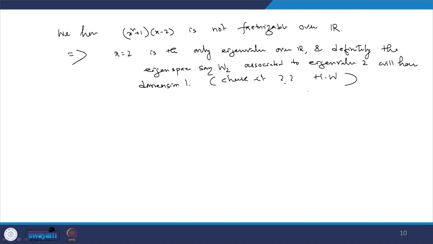We will see that for x equal to 2, the dimension of the associated eigenspace will be 1.